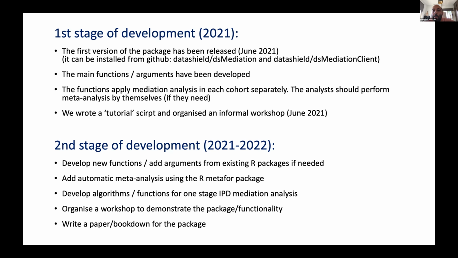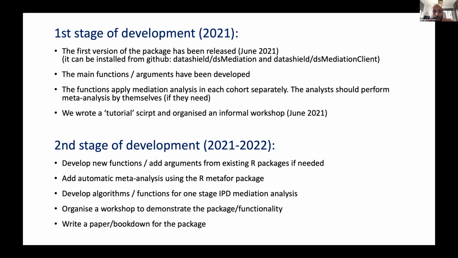If a method is not included in an R package, we can develop the algorithm and convert it to a DataSHIELD function. We also want to add the meta-analysis inside our functions, so the user doesn't have to do it by themselves and it will be a step inside the functions.